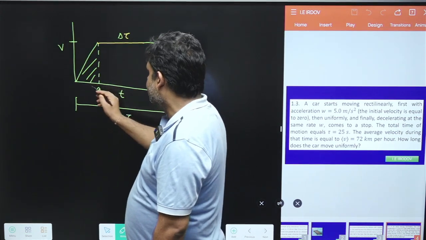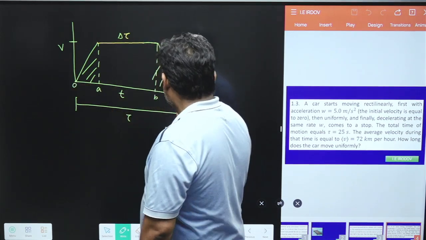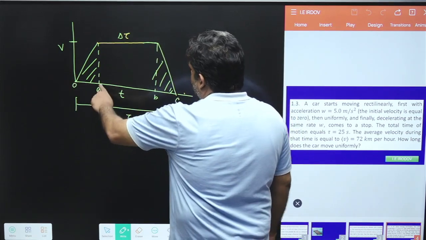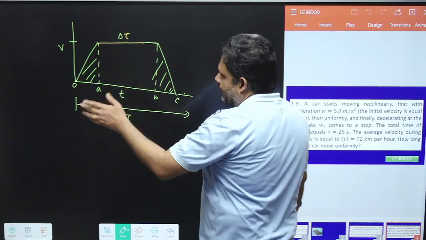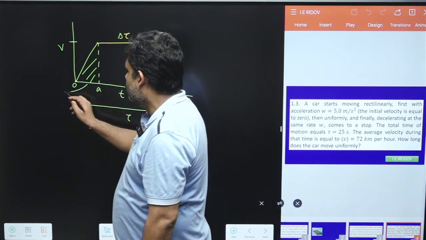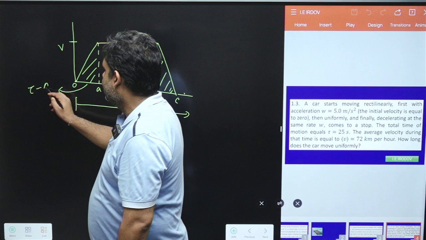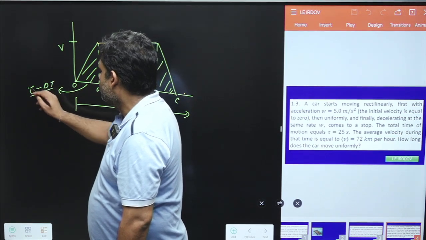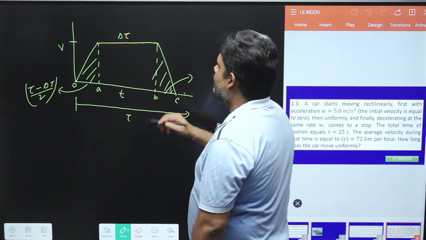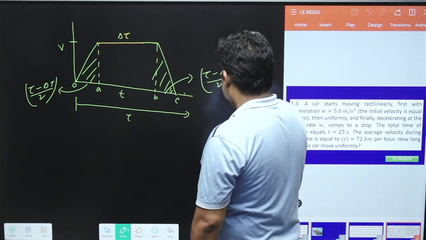So what is this time? The time between 0 and A, and say this is C where the car stops, is exactly the same as the time between B and C. So what will be the time between 0 and A? It is tau minus delta t by 2, and the time between B and C is also tau minus delta t by 2.